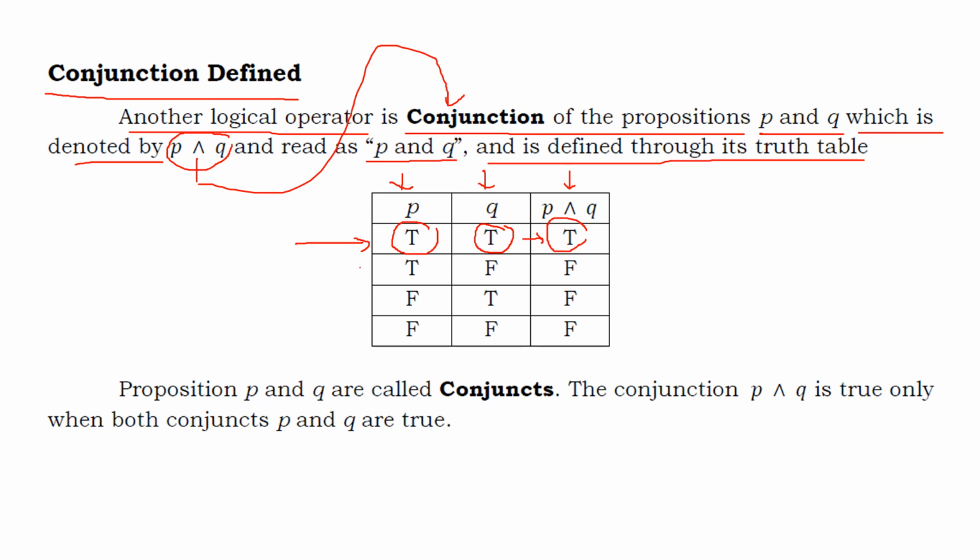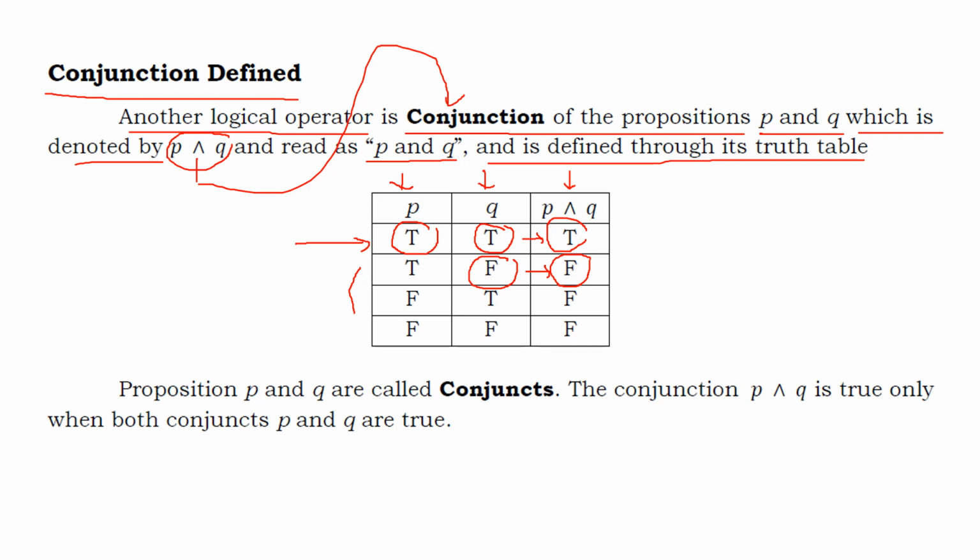As you can see in this one, for the third row, one of the truth values for your propositions P and Q is false. So I mean to say, at least one of the truth values for your two propositions is false. It's automatic that the conjunction of P and Q is false, even if one of the truth values is true.